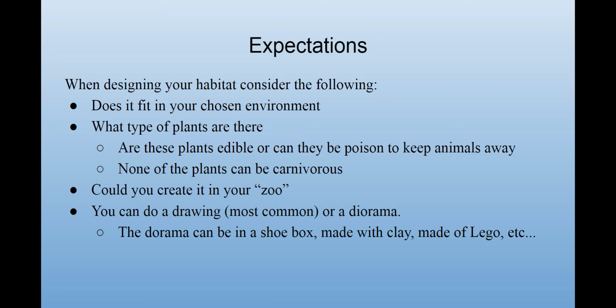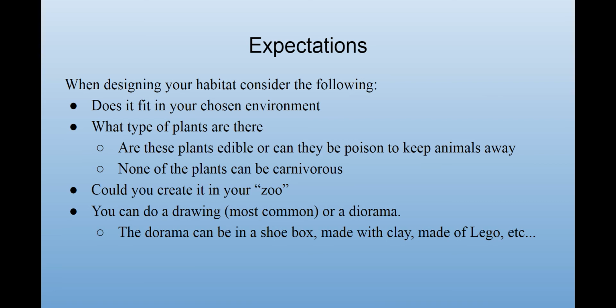Or are they poisonous to keep animals away? Do they need to have their pollen spread by insects? None of the plants can be carnivorous. And could you recreate this in your zoo? For instance, if you're using the cold, dark planet where it rains a lot, well, rain has to go somewhere, so you could create maybe something that's aquatic. It does say that there were fish.